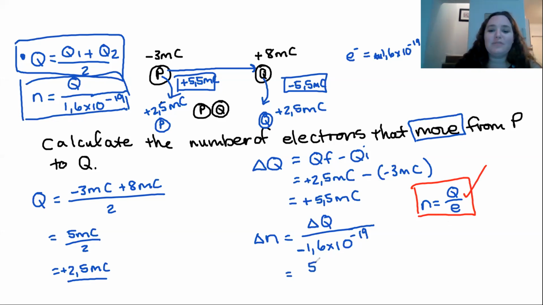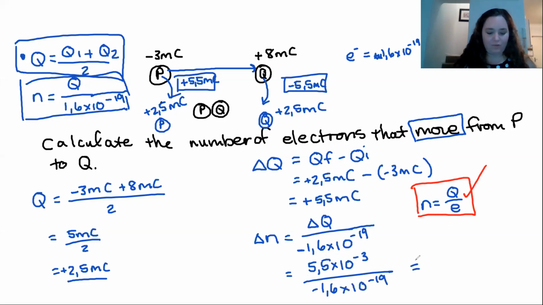Over here, this is going to be 5.5 times 10 to the negative 3 divided by negative 1.6 times 10 to the negative 19. Now I told you I wasn't going to do it, and then I went and stuck it in. Let's lose those negatives.